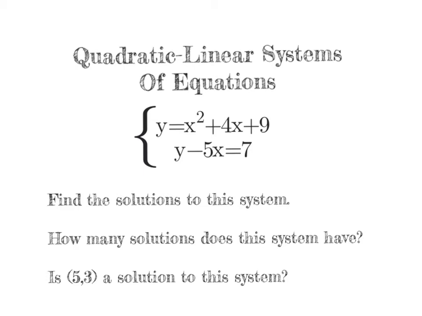Okay, next topic. Quadratic linear systems of equations. What we're looking for here in a quadratic linear system is you're going to have two equations that are going to get graphed. And we're trying to figure out three different possibilities. We're really looking for the intersection, which is known as the solution, right?